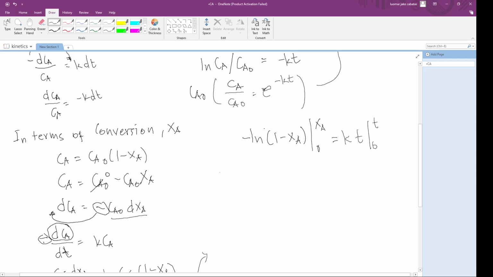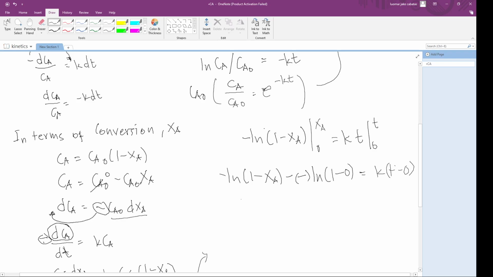Inputting the limits, we have negative ln of 1 minus XA, minus, in evaluating the limits, ln of 1 minus 0, is equals to k times t minus 0.